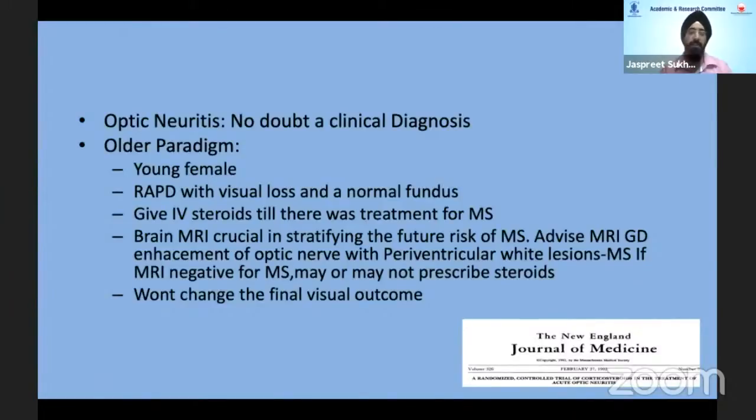Because earlier there was nothing for MS. Until the treatment for MS came, that is when the ONTT came into existence in the New England Journal of Medicine, where they showed that brain MRI is crucial in stratifying the future risk of MS in patients of optic neuritis. So every patient, they would advise a contrast-enhanced MRI to look for any periventricular white lesions. If it was negative for MS, they may or may not prescribe steroids. They did say that steroids would not change the final outcome.